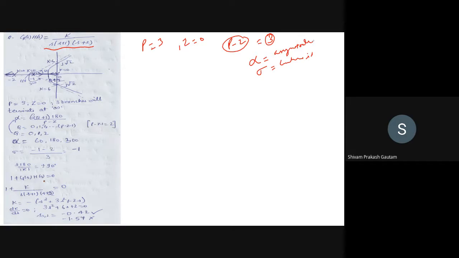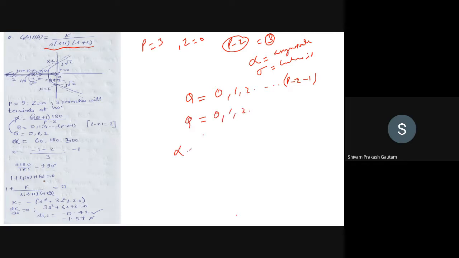Since P minus Z is 3, q will go from 0, 1, 2 up to P minus Z minus 1, which is 2. So we will have 3 values of q: 0, 1 and 2.